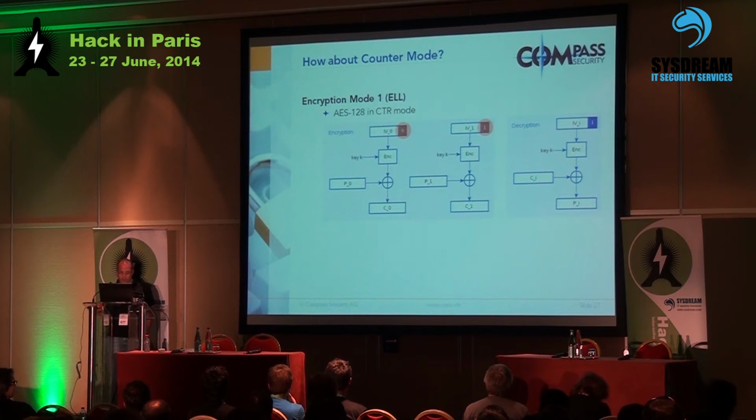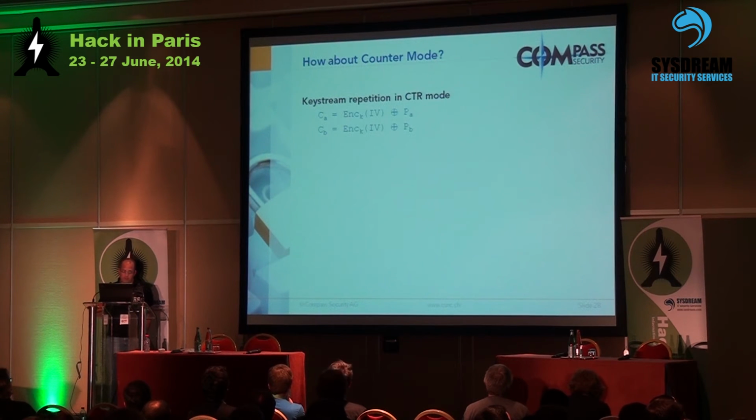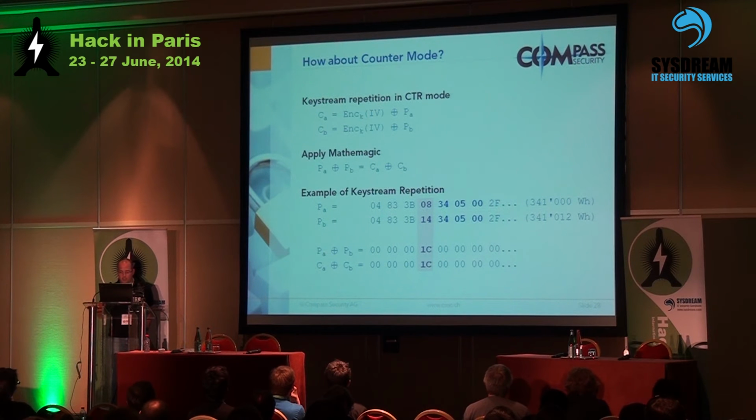So we do have a plain text of an actual packet of 341 kilowatt hours and 341 and 12 kilowatt hours. And the difference of these two plain texts is 1C. And if they have been initialized the same way with the same IV streams, then you basically can capture two ciphertexts, and if you XOR them together, you also get a difference of 1C.